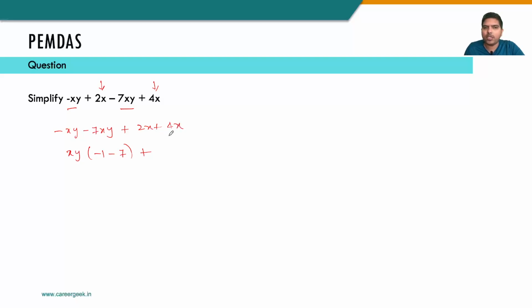Now over here, what is common? You can see I can take either x common or I can take directly 2x common. So 1 plus 2 remains. If you're not comfortable, just take x common, you're left with 2 plus 4. Either way, you should get the same answer. So xy into negative 8 plus 2x multiplied by 3. Yeah, so we get negative xy plus 6x.